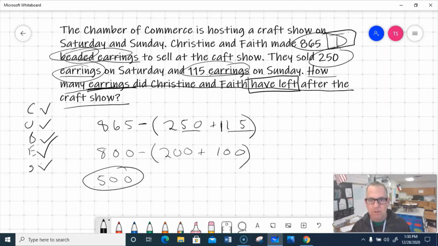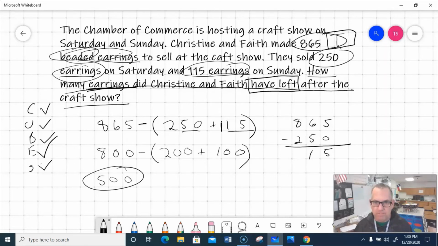We'll do that first. So that's 865. And you see when I use my grids like that, I put all my digits in a grid, and I'm going to minus 250. And that's a pretty easy subtraction problem. 0 from 5 is 5. And then 5 from 6 is 1.